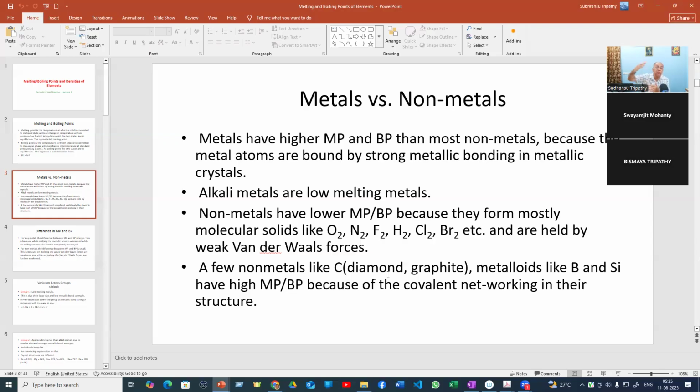Then you have to increase the temperature. Its temperature will rise. And when the boiling point will come, then it will vaporize to its vapor state. So the difference is large for metals. Why? Because during melting of a metal, you only weaken the metallic bond. About metallic bond, we shall study in our chemical bond program.